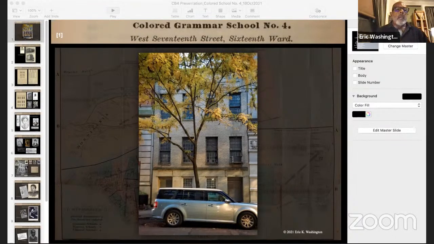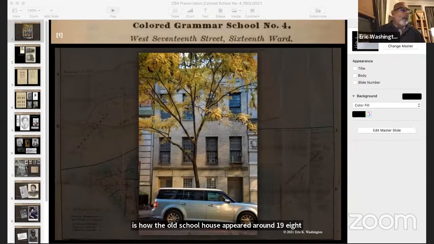Give or take some variations, the dispersed schoolhouses basically followed the prescribed exterior and interior plans, which Colored School number 4 also mirrored. Here, you see, compared to the 1840s rendering on the left, is how the old schoolhouse appeared around 1908 at the top right, 1940 in the black and white photo below, and then today.